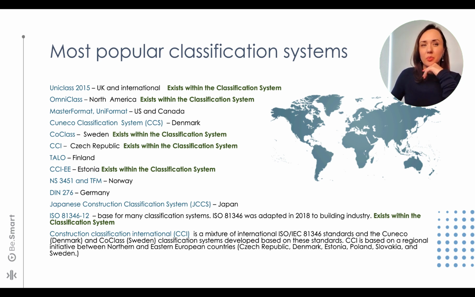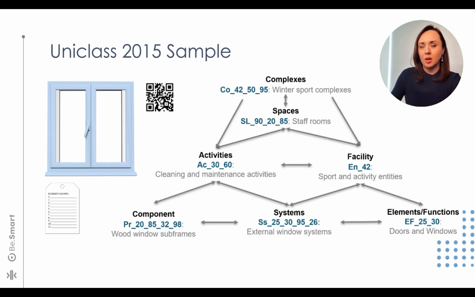ISO 81346-12 is the base of many classification systems, and it was adapted for the building industry in 2018. Here I am showing several examples of different classifiers, and the first one is Uniclass 2015.